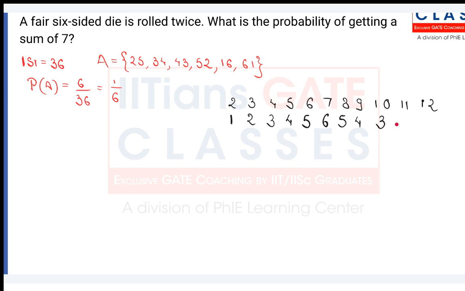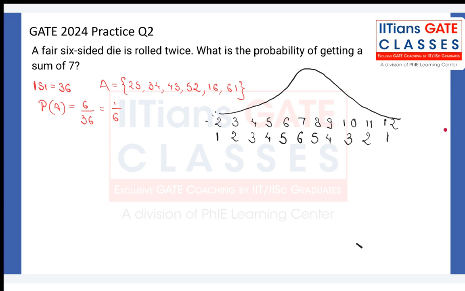And for 12, it's only 1 outcome. If you see, it's a pattern, right? It starts low, first increases till 7, and then it decreases. Many people learn this pattern to answer the question, so it's much faster.